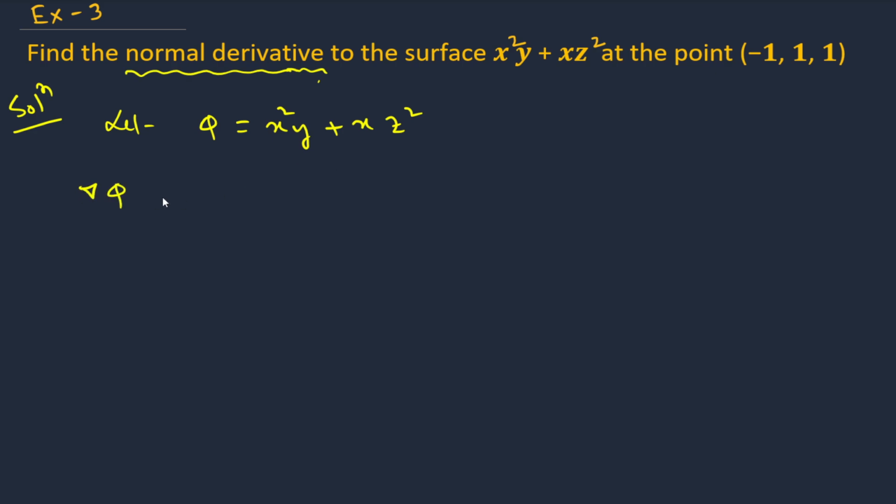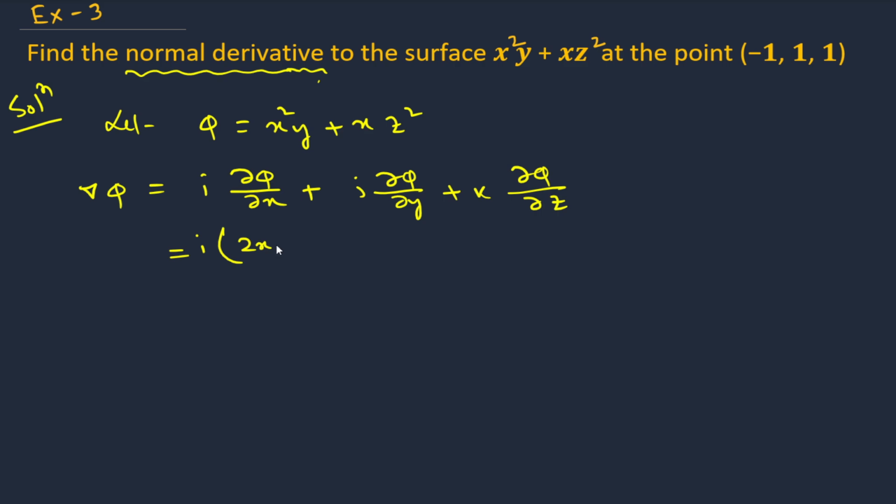So first let us find gradient phi, which is i del phi by del x, j del phi by del y, and then k del phi by what? Del z. So i into, now we will differentiate this with respect to x. So in the first term there is x square, so it will be twice x and y will remain same. In the second term only x is there, so we have what?